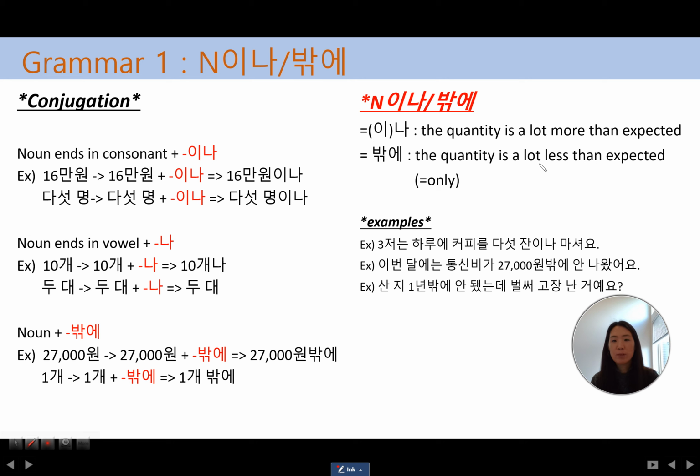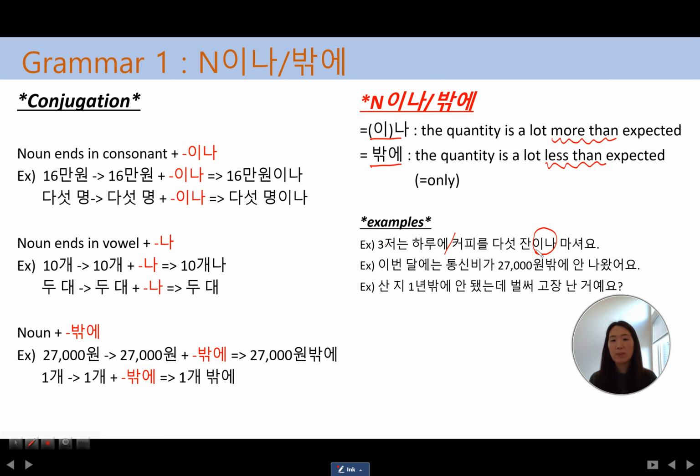First, 이나 means more than you expected. But 밖에 is the quantity or the length of time being less than expected. 이나, more than expected. 밖에, less than expected. For example, 저는 하루에 커피를 5잔이나 마셔요.